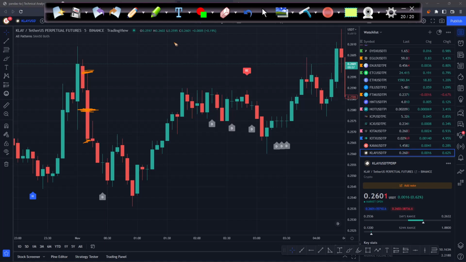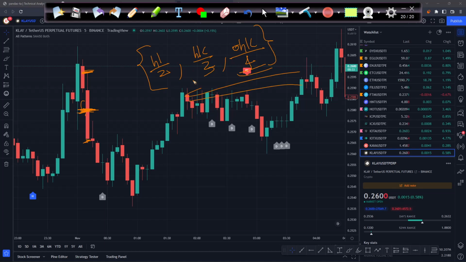So right now we have this. Either you can calculate high plus low by 2, or high plus low plus close by 3, or OHLC4, which is all four prices by 4. So these are different ways to calculate.